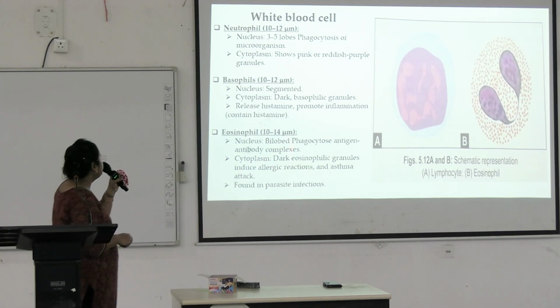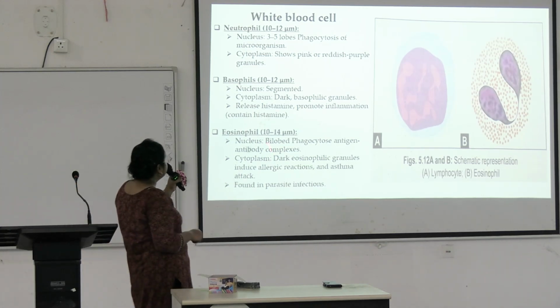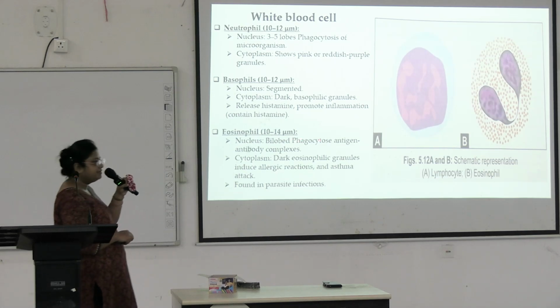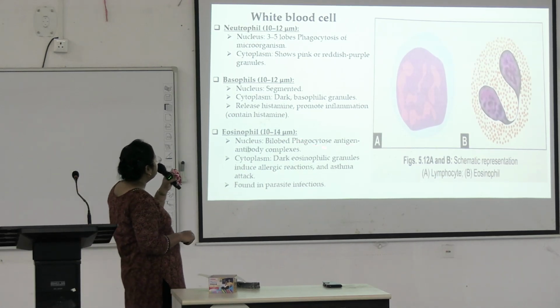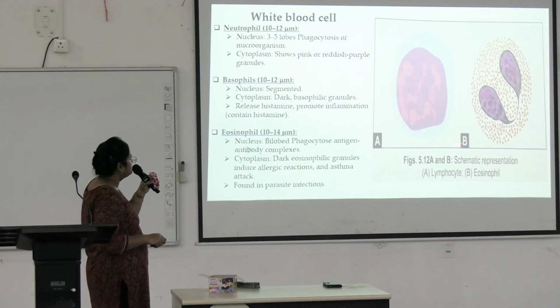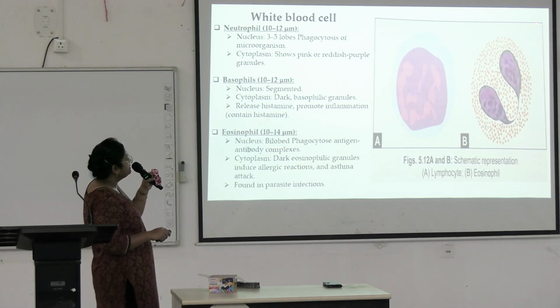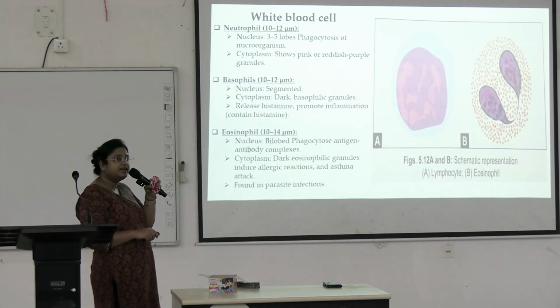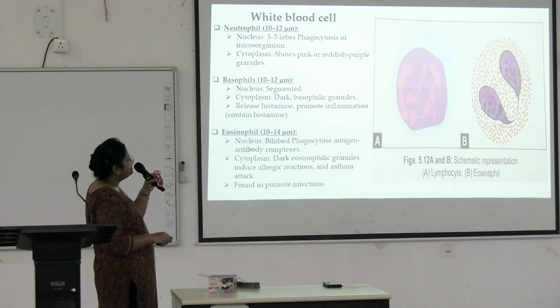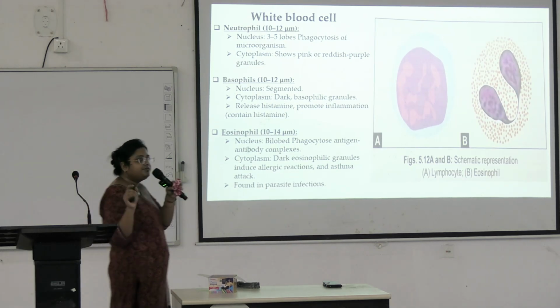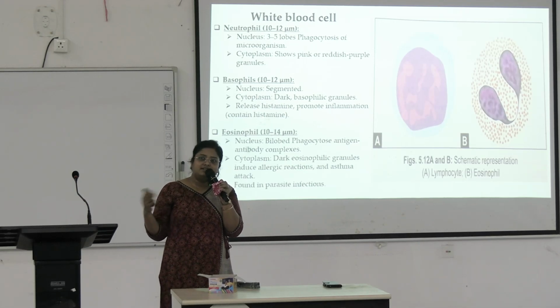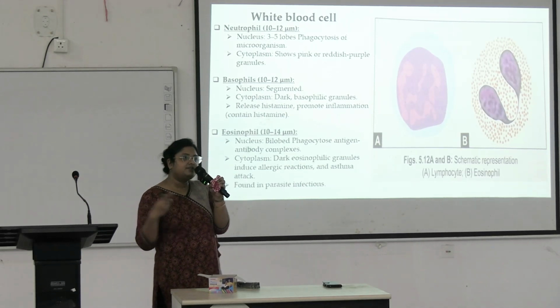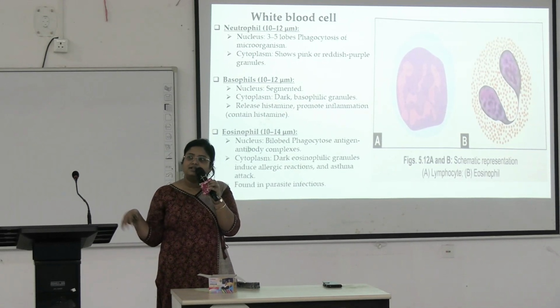Next is eosinophil. Eosinophils are 10 to 14 micron in diameter. Nucleus is bilobed and they phagocytose antigen antibody complexes. See, this is one eosinophil, it looks like this. Eosinophilic granules are present, meaning they will be stained with eosin. Eosin is red, so these red or pink colored granules will be present.